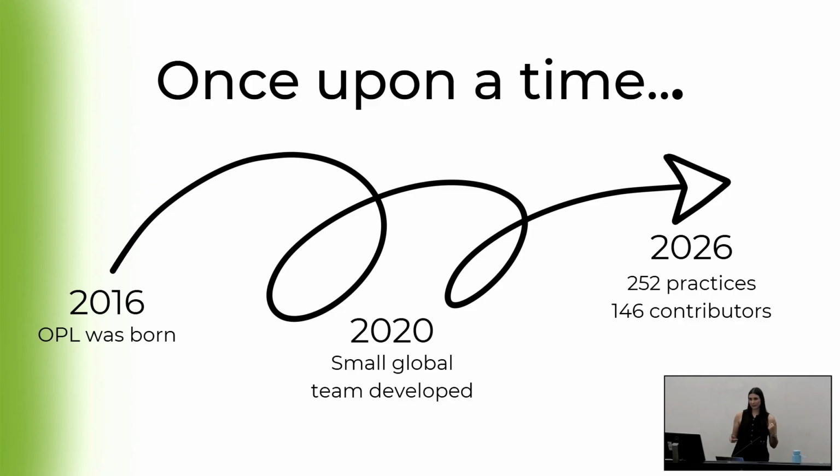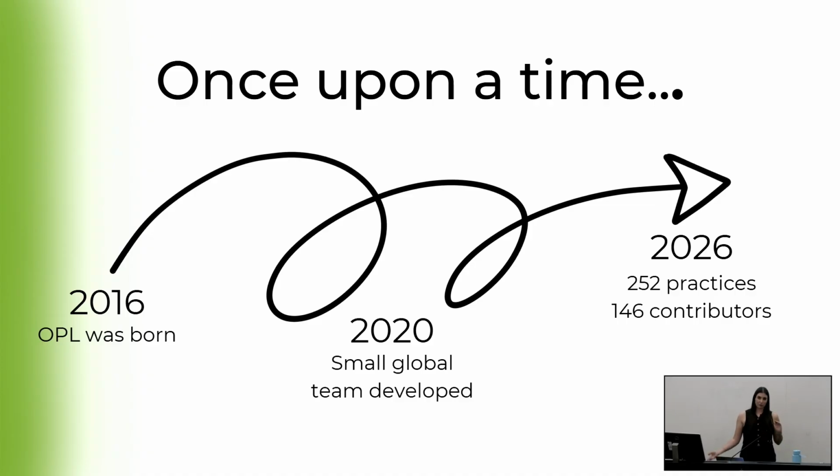And fast forward to 2020, the pandemic happened, of course, we don't need to revisit all that. But then a small global team came together from right across the US, Australia, Asia, Europe, and all different kinds of people. You had your engineers, you had your product developers, PMs, engagement leads, developers, everyone in between came together to really make this OPL great, and they have done so.